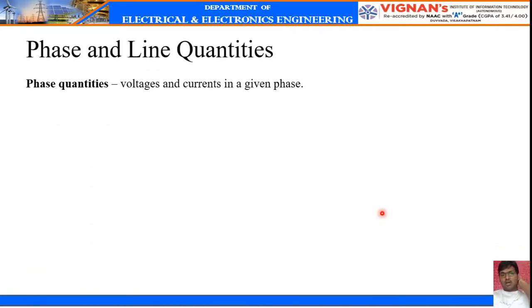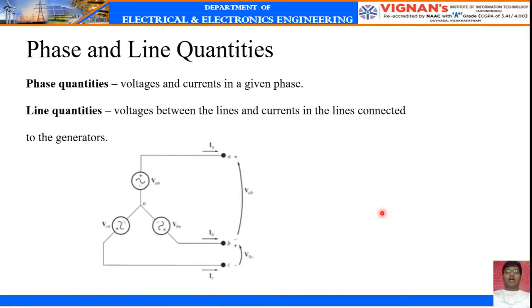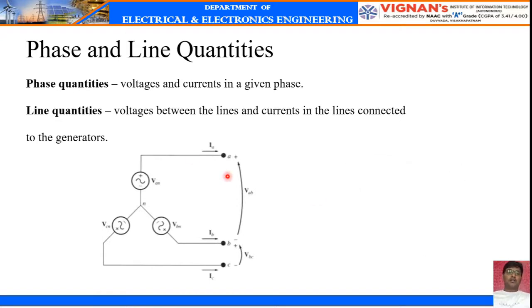Now we will see the phase quantities and line quantities in the star connection as well as in the delta connection. Phase quantities: you can take each element as one phase, and the terminals that are coming out can be considered as lines. So these are the points or terminals where you can connect the loads or transmission lines.